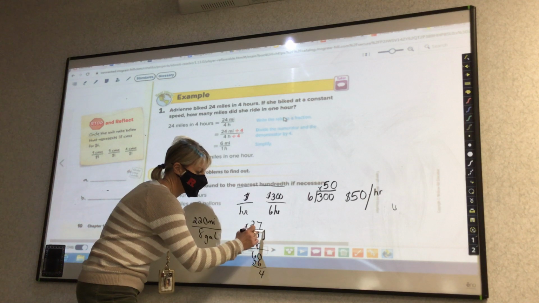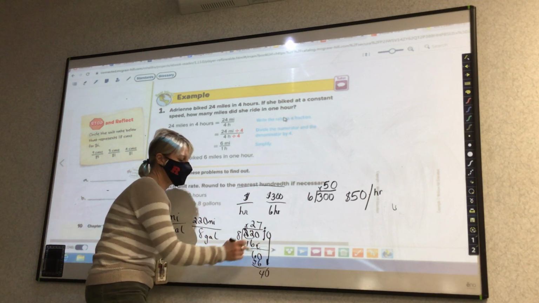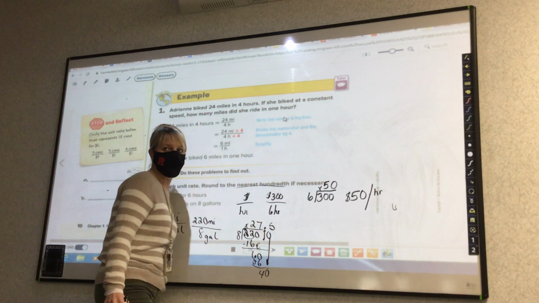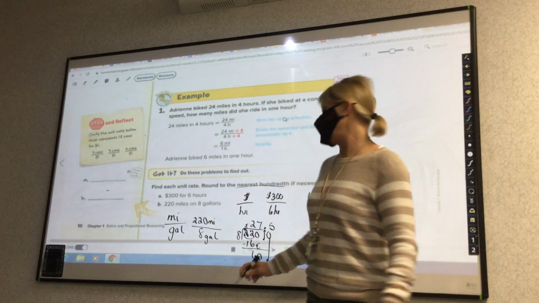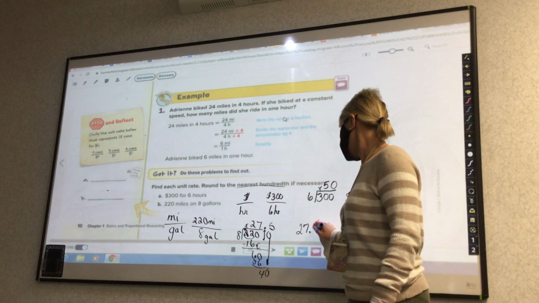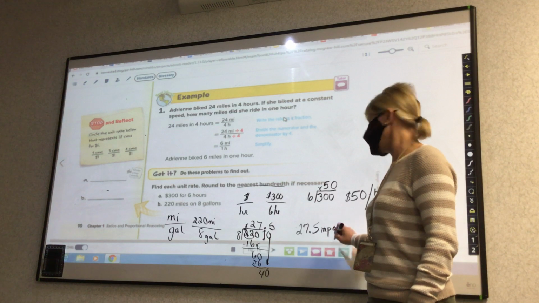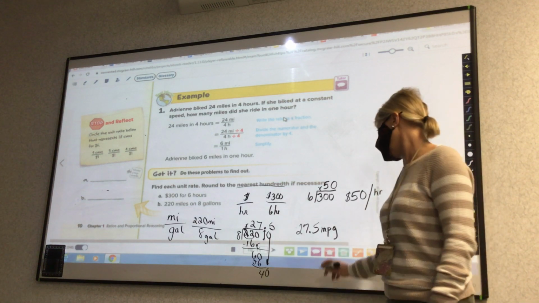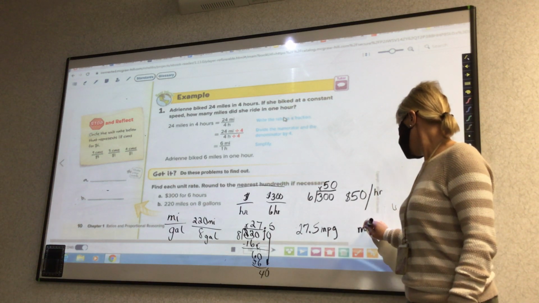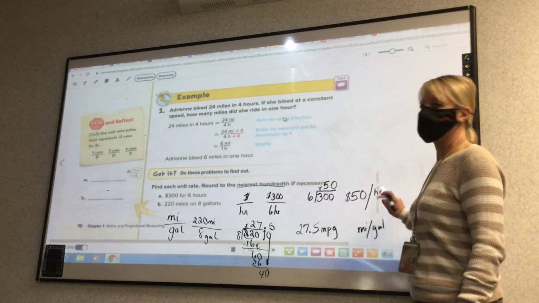Add a decimal, bring down a 0, and it goes into 40 5 times. Then you're going to rewrite it as 27 and 5/10 MPG, miles per gallon. So you can just do MPG, or I can say miles per gallon. Either way is fine.